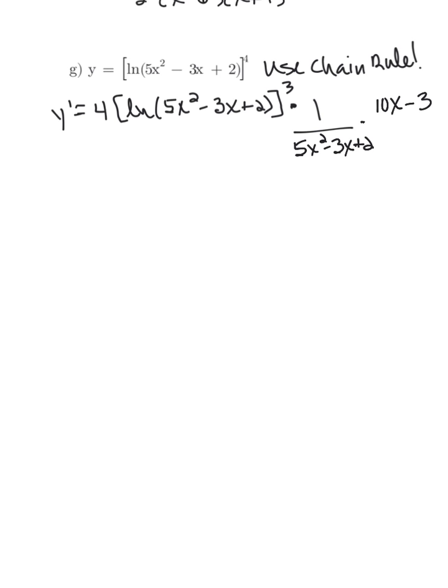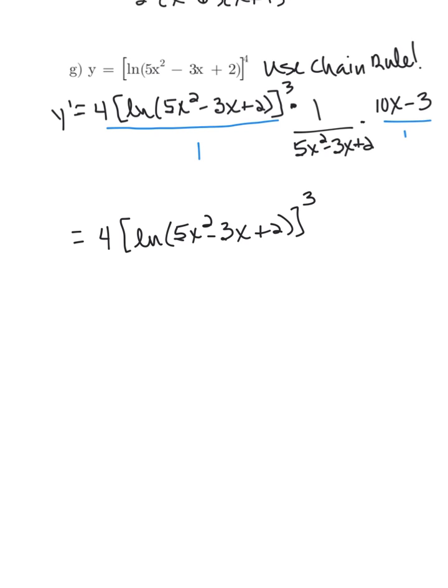So what happens on this one is you have to recognize that we can think of this whole part to the left as being over a 1 and the 10x minus 3 as being over a 1. And so multiplying all those fractions, we are just going to have the 4. We're going to have the quantity, which is our natural logarithm, raised to the third, times the quantity of 10x minus 3.